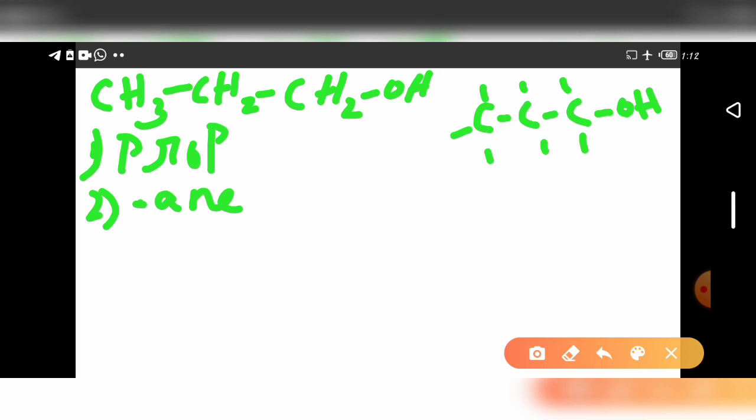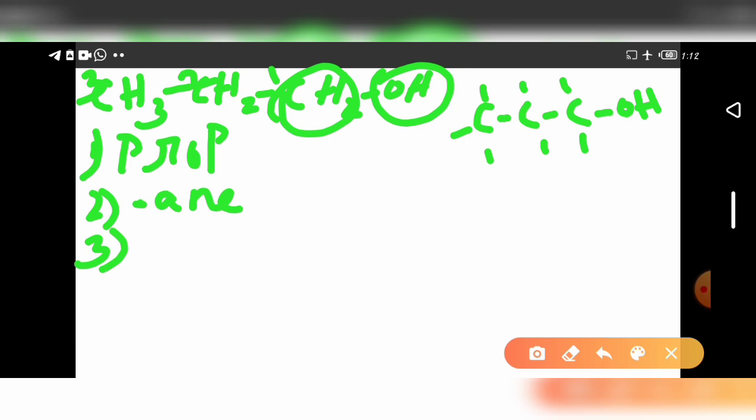Next, what functional group is present? Third step is the functional group. OH, that is alcohol. The carbon chain is numbered from the end which is closest to OH. So this carbon is the closest carbon to OH, so from here you number this carbon 1, this carbon 2 and this carbon 3. The locant number of the OH group is 1.